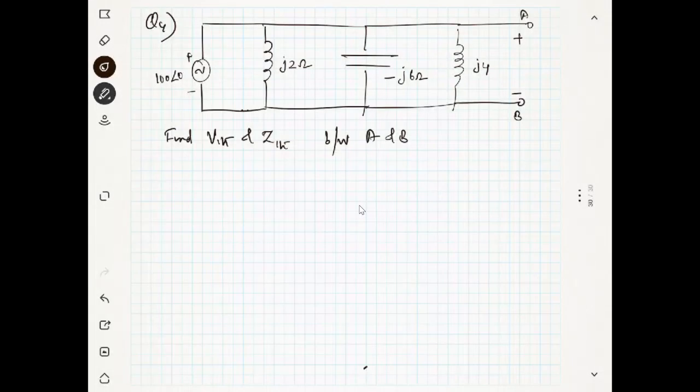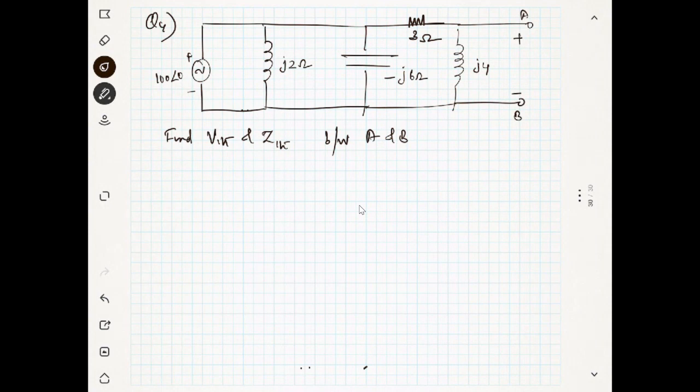The VThevenin is the same as the voltage source. Sorry, I missed one point here. You can see this is 3 ohm. Sorry, actually there is a 3 ohm resistance, so it is not the same. I missed it.